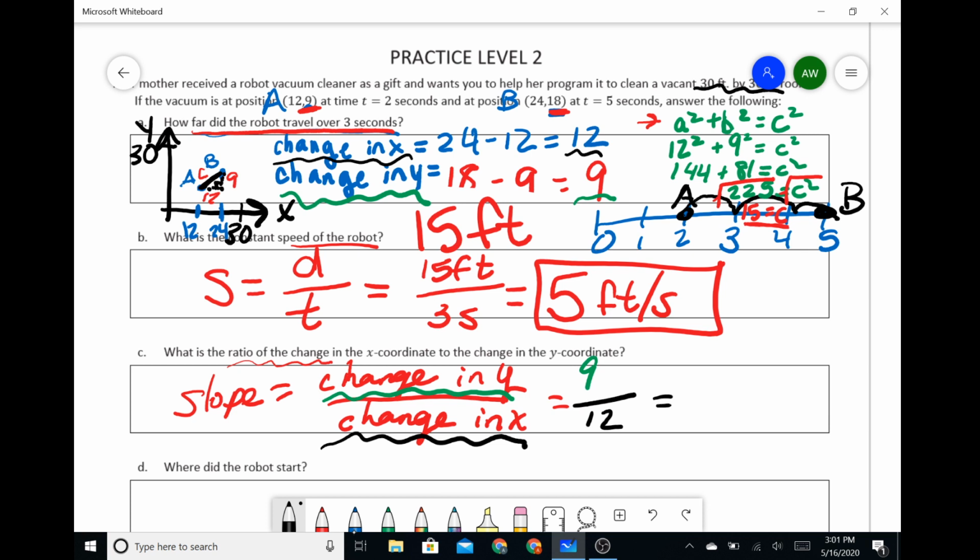If we do that division, 9 over 12 is 0.75. I think it goes to 3/4. So we could either express this as 0.75 or 3 over 4, either way. Let me know if that makes sense or if I just confused you.